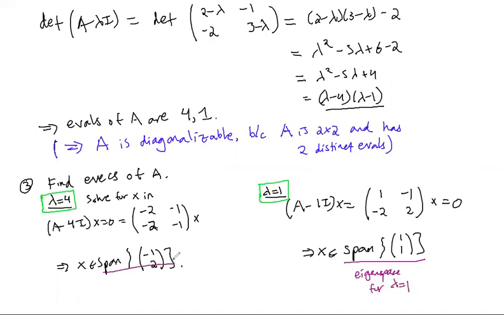And this is the eigenspace for lambda is 4. All right, and now that we found the eigenvectors, we can conclude that A is diagonalizable.